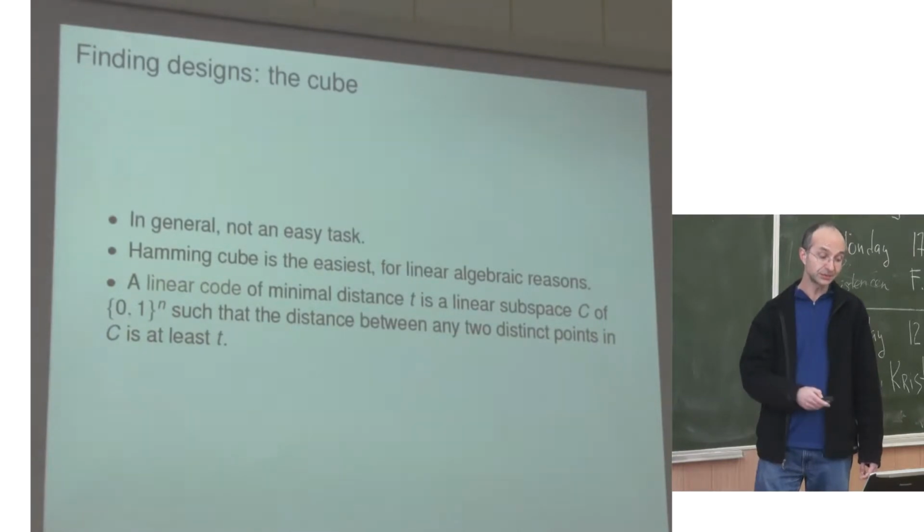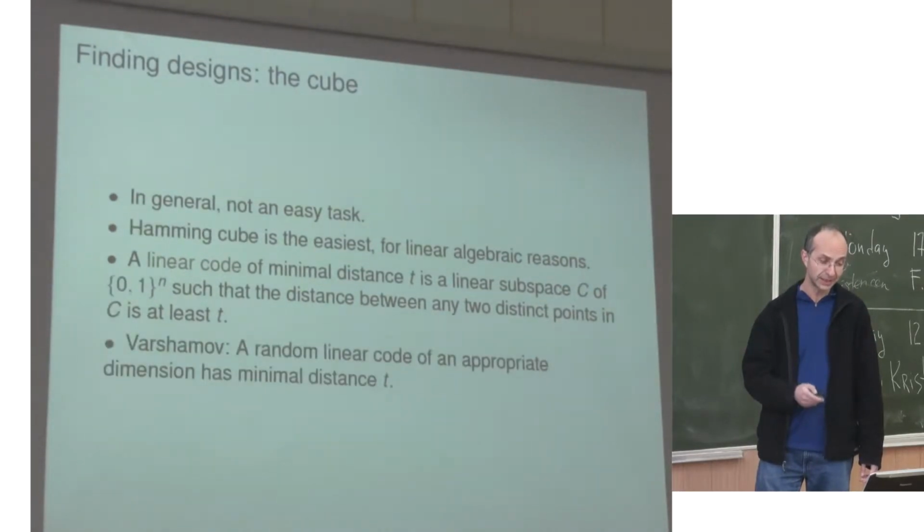So let us introduce a new notion of a linear code. A linear code of minimal distance T is a linear subspace of the whole space, such that the distance between any 2 points is at least T. It's the usual notion of a binary error-correcting code.